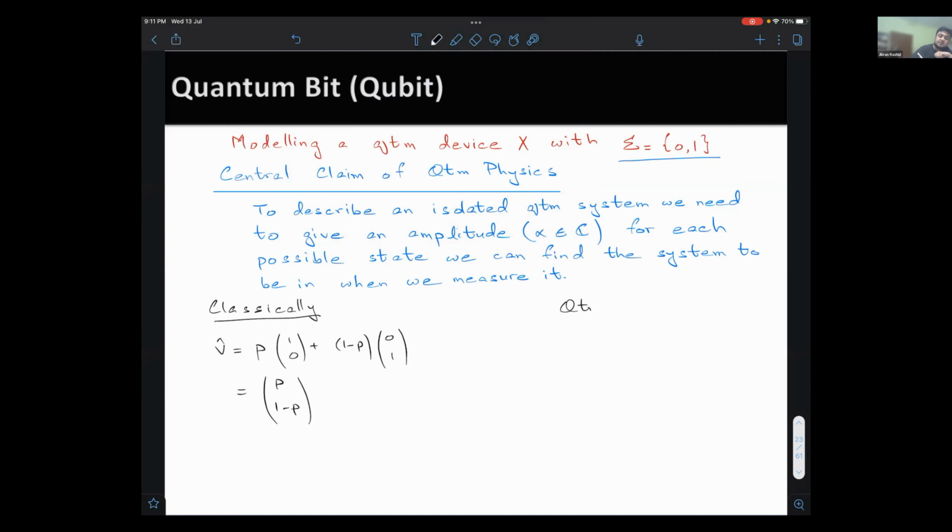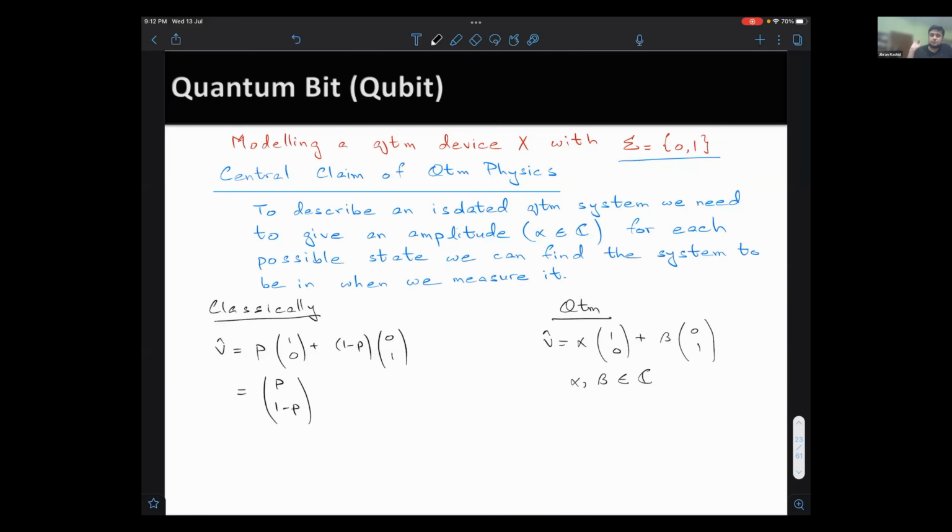Quantum mechanics tells us that if I want to represent a 2-state physical device, what I'll have is alpha (1, 0) plus, let's say, beta (0, 1), and alpha and beta are complex numbers in general, but naturally there will be some kind of restrictions on alpha and beta. They will not be arbitrary complex numbers, because then we'll run into issues in terms of how they are related to reality.